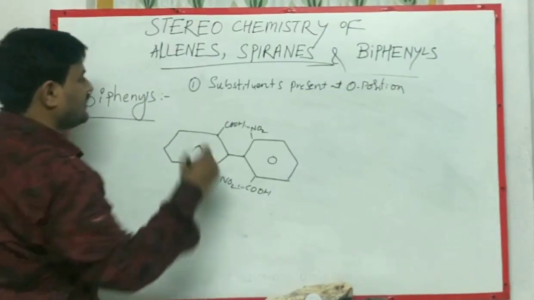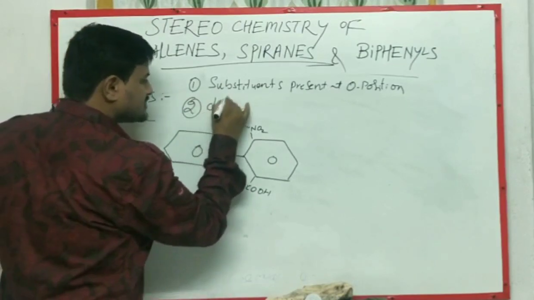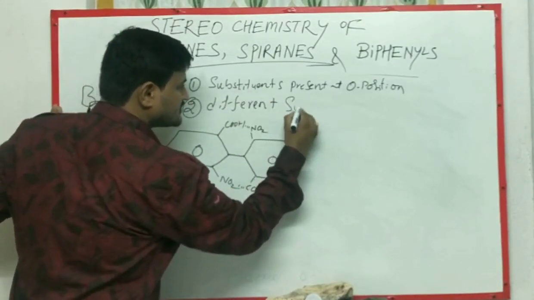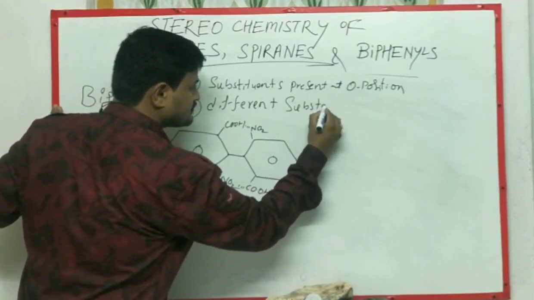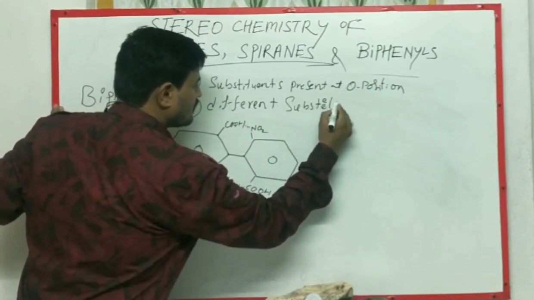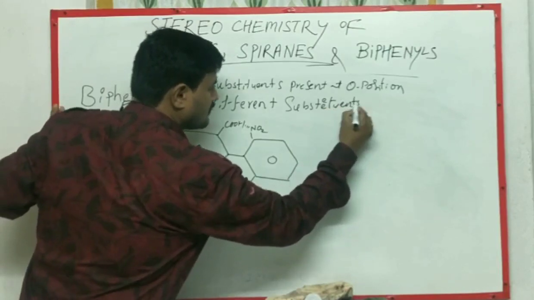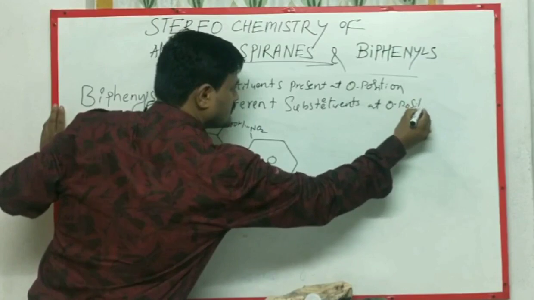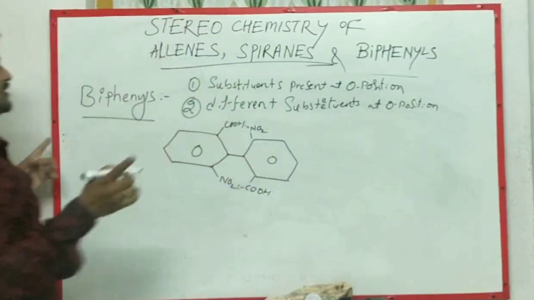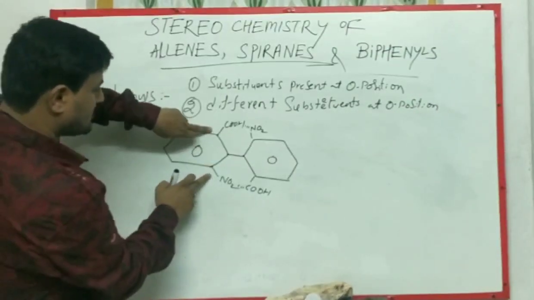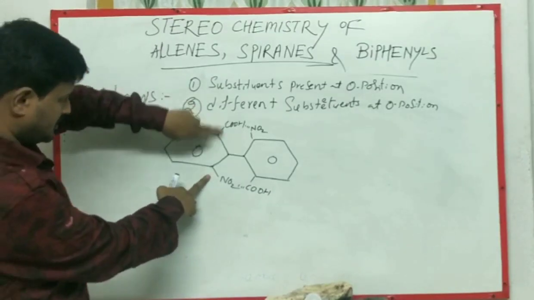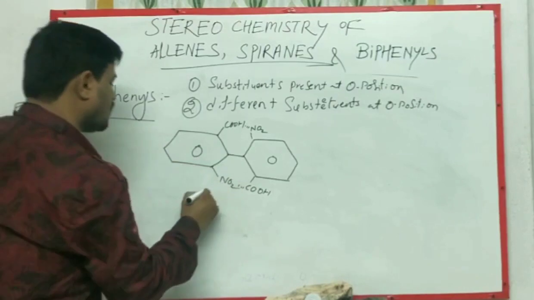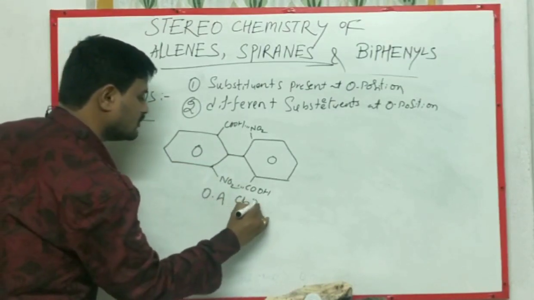And the second condition is different substituents at the ortho positions. Different substituents means not that these two are different: here COOH, here NO2, different; here NO2, COOH. Then it is an optically active chiral molecule.